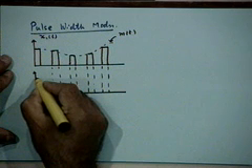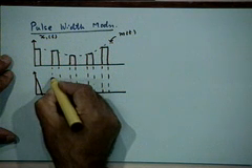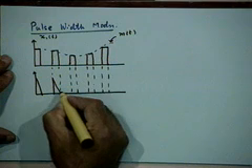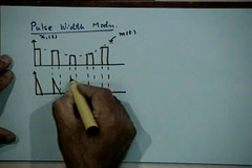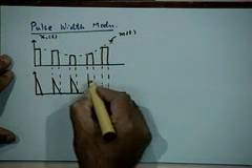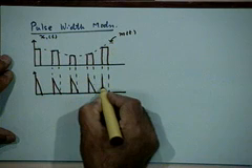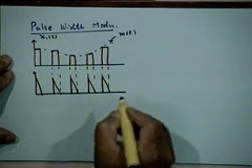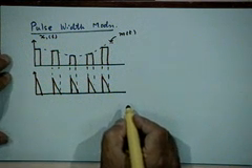So, this is what they look like. A set of triangular pulses with this shape are generated.